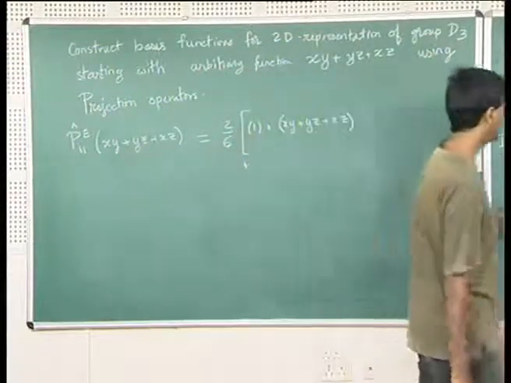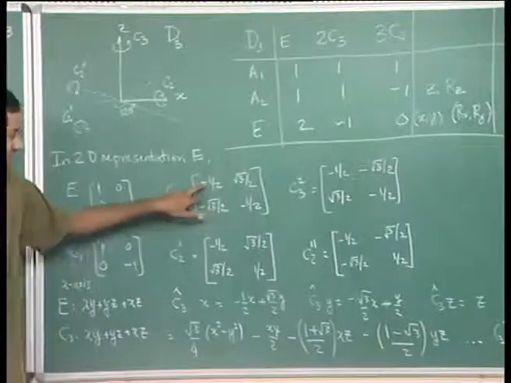Plus now for C3. For C3 the 1 1 matrix element is minus half.